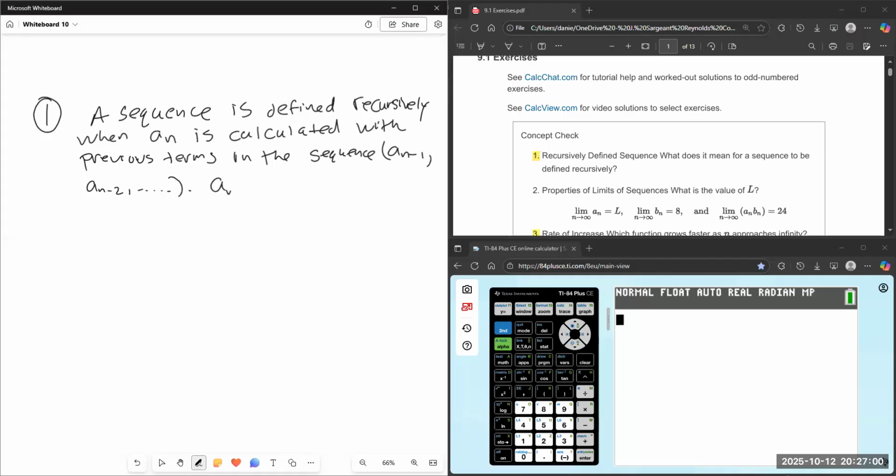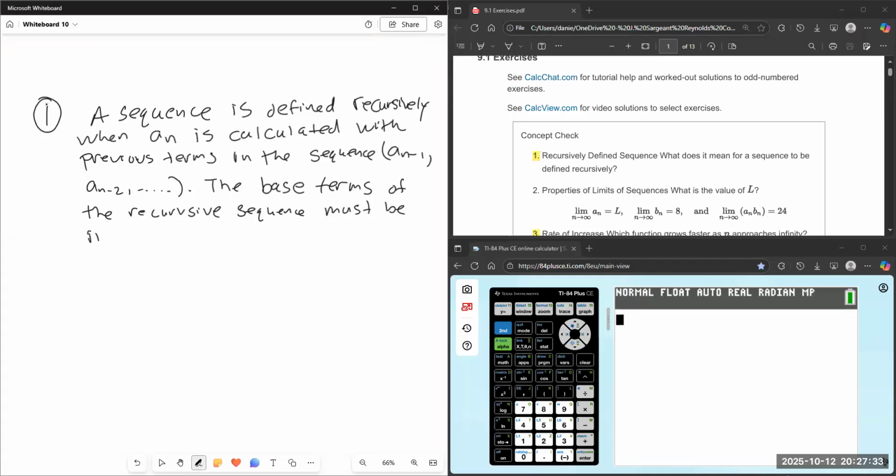The base terms or basis terms of the recursive sequence must be included in the definition.